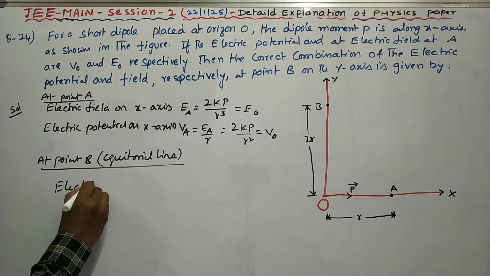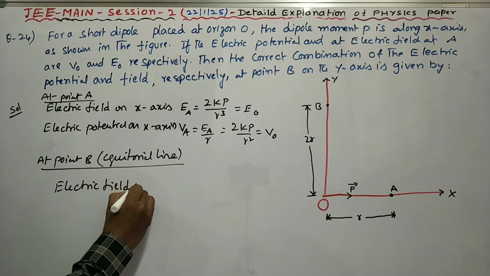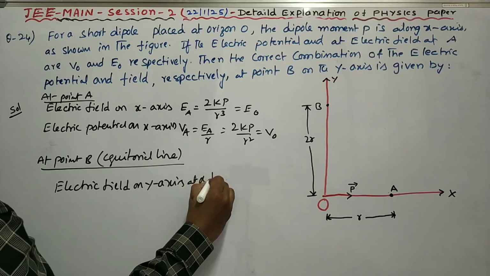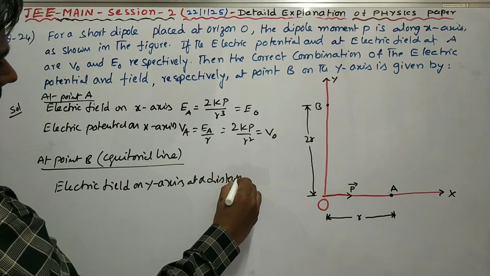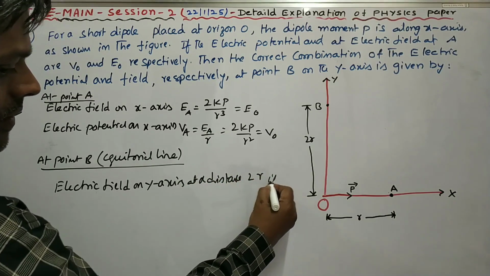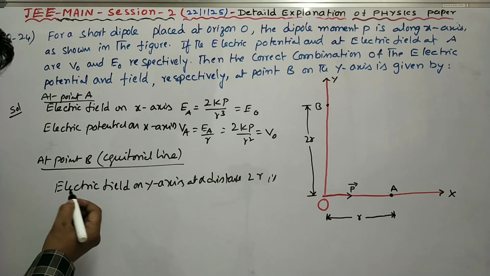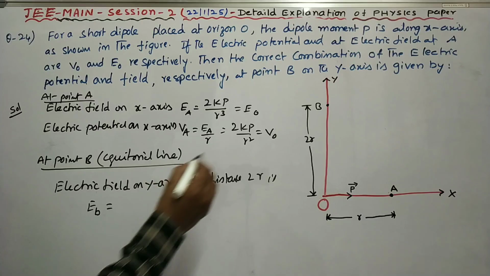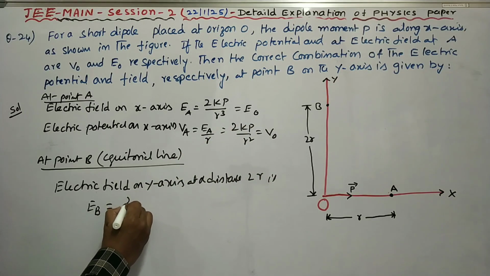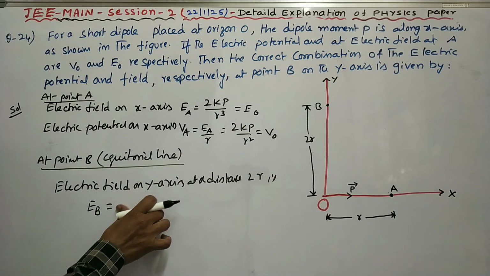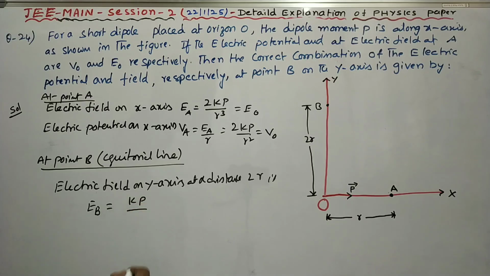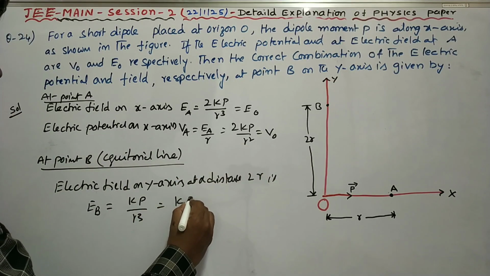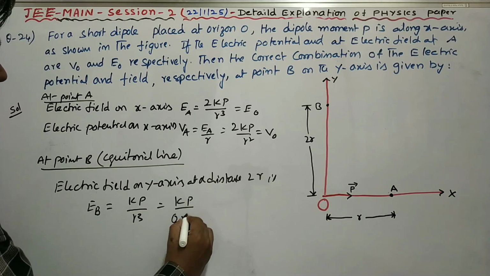Electric field on the y-axis at a distance 2r: EB, that means at point B, is equal to kp by r cube, but r is 2r, therefore kp by 2r whole cube.